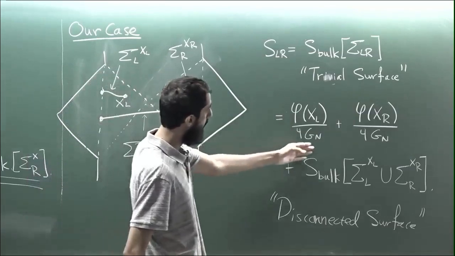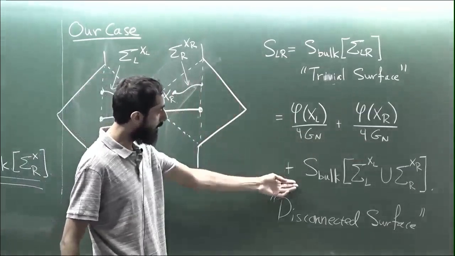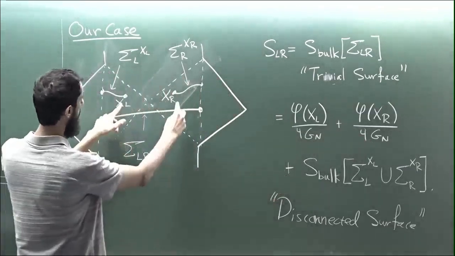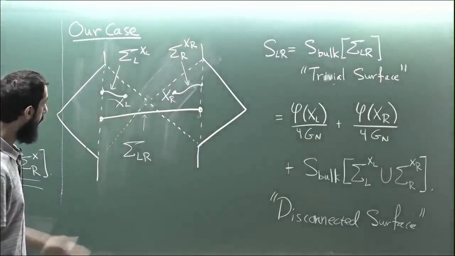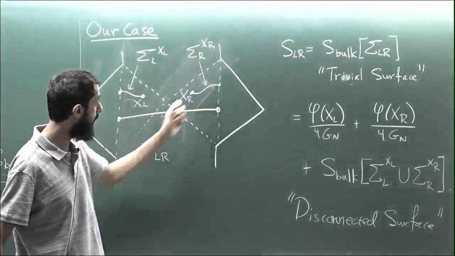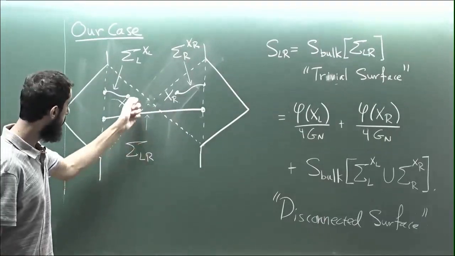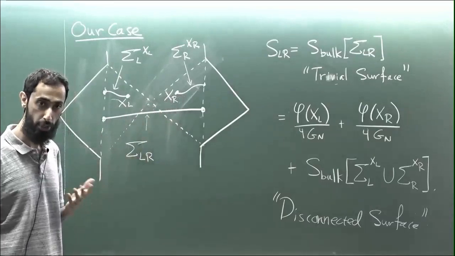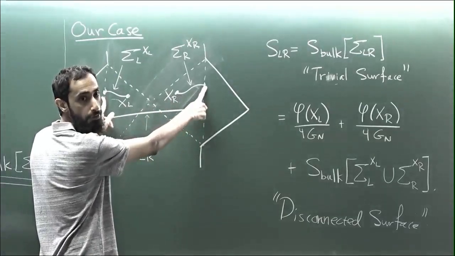So phi L plus phi R divided by 4G Newton, plus the bulk entanglement entropy of the union of sigma left plus sigma right. I'm literally just applying this formula. This region, the union of sigma left and sigma right, is the bulk region bounded by the location of the surface X and the boundary region that I'm computing the entropy of.